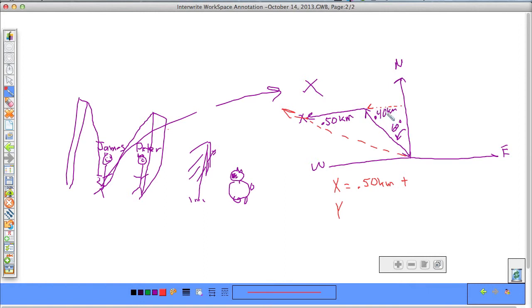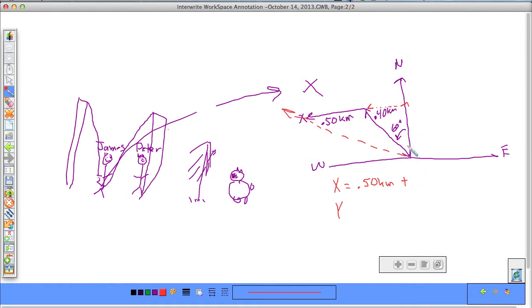Instead of having this angle, we want to break it up into a north and a west component, so that we can figure out all the sides of this triangle, and then the hypotenuse, which would be the resultant vector.